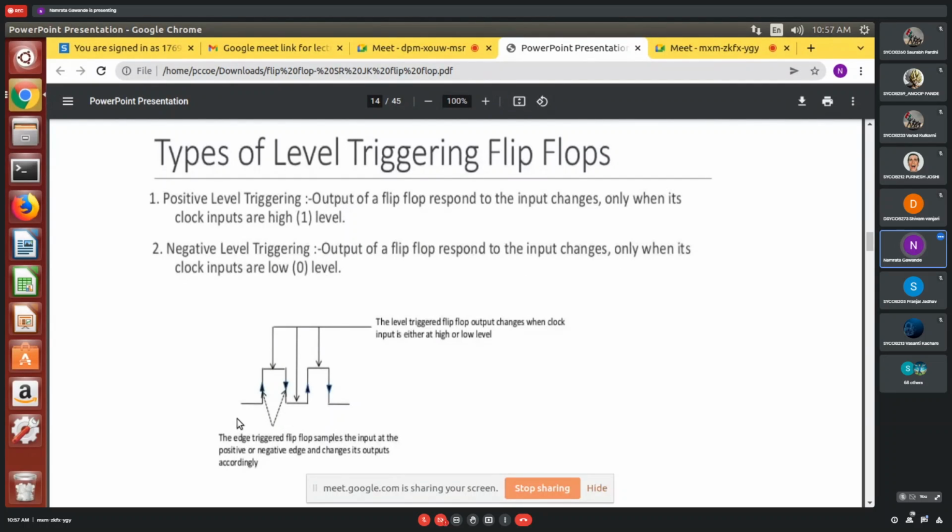So here you can see the level triggered flip-flop output changes when the clock input is either at high or low.